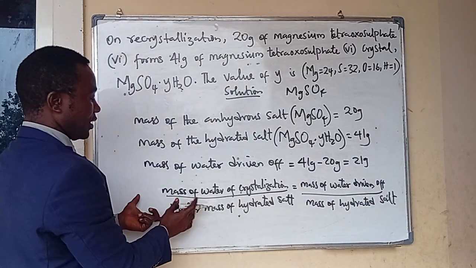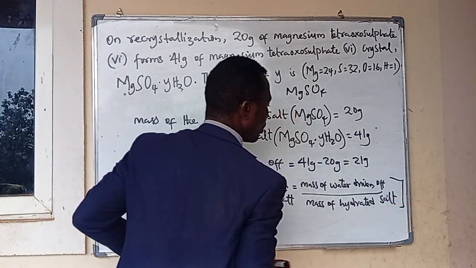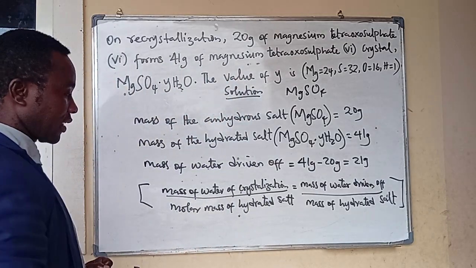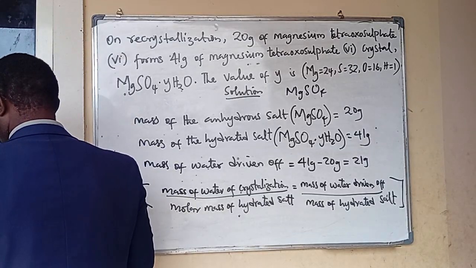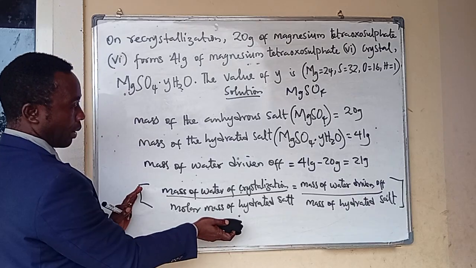So this is the formula that we will normally use to solve for the number of molecules of water of crystallization, which is Y in this case. Now let us wipe the board and apply this formula.